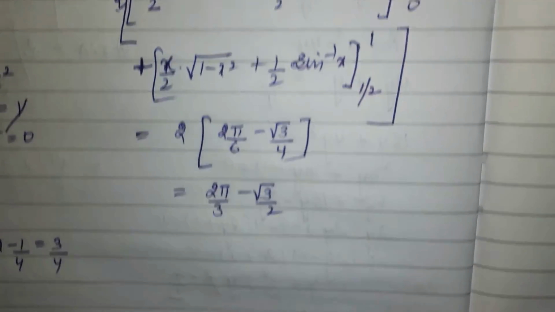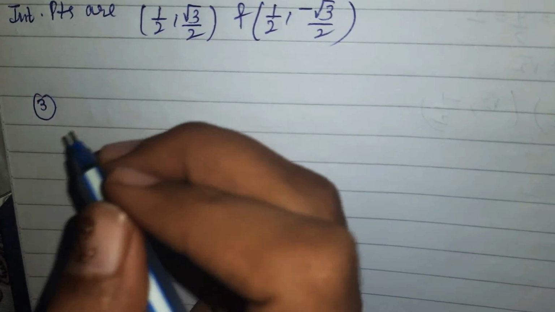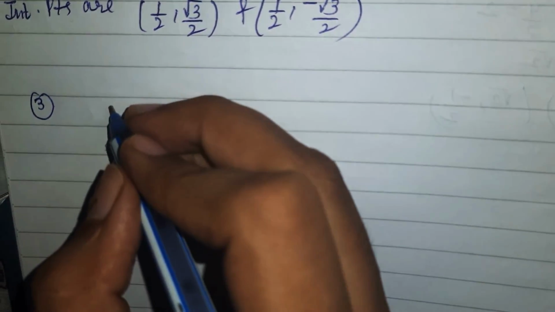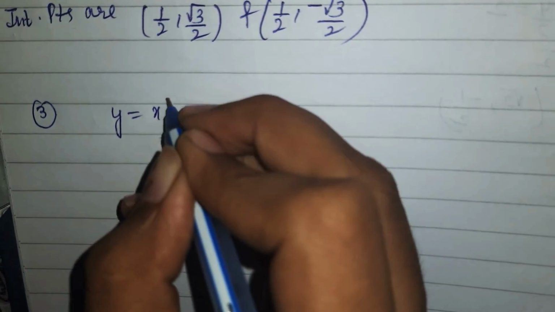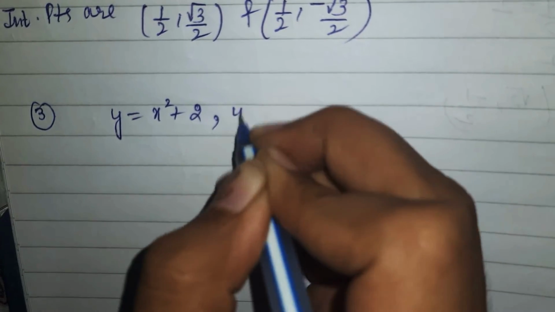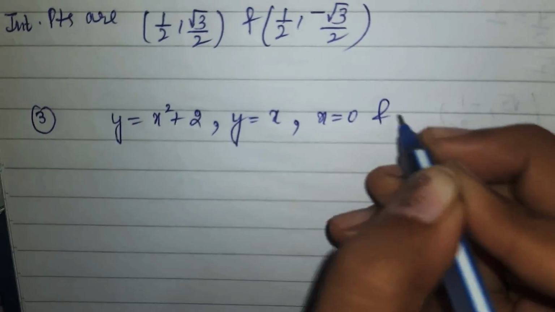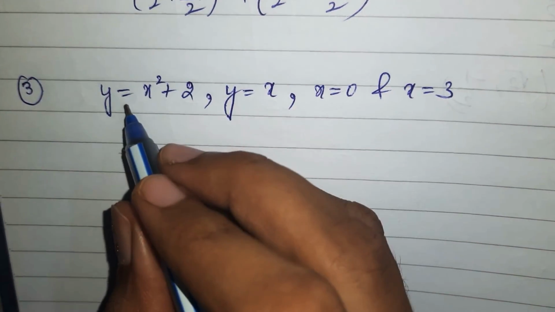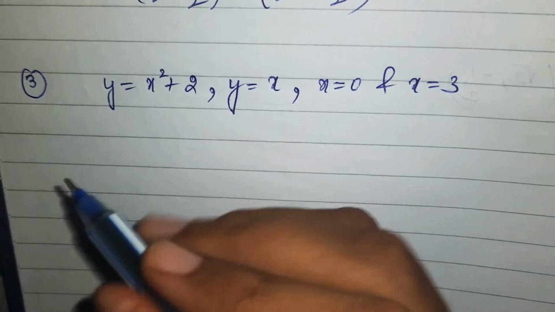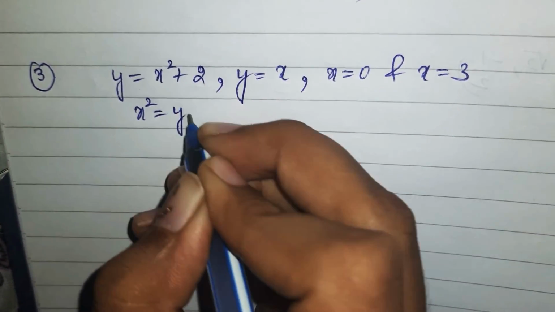Okay, come to the third question. In question number 3, they are saying: find the area of the region bounded by the curves y is equivalent to x square plus 2, y is equivalent to x, x is equivalent to 0 and x is equivalent to 3. So x square is equivalent to y minus 2.